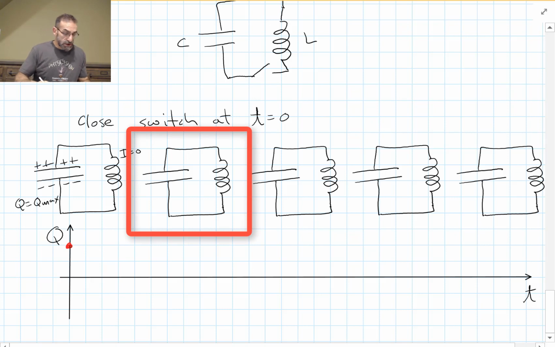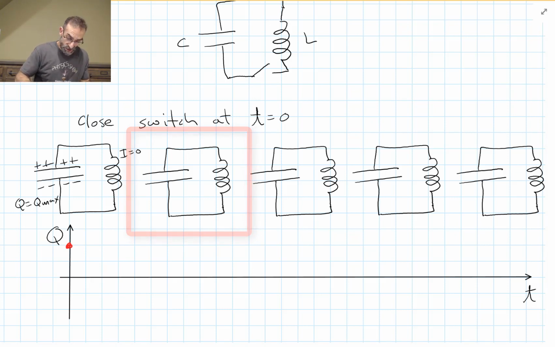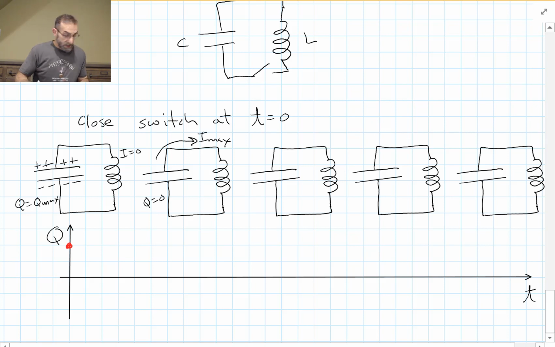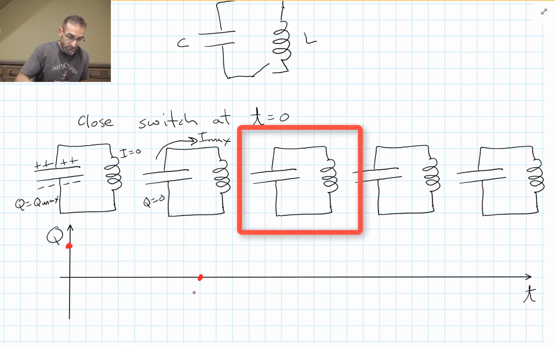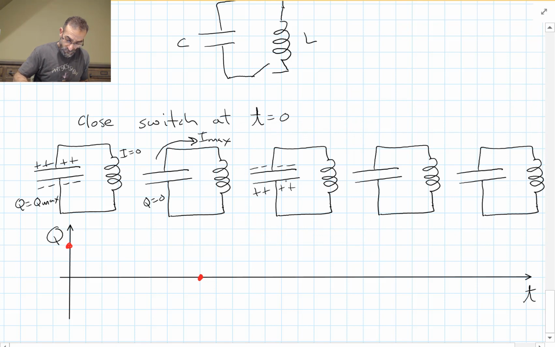Sometime later, the charge on the capacitor has gone to 0. We have our maximum current flowing, and at that time, of course, 0 charge on the capacitor. The current flowing will charge the capacitor up again, but with the plates oppositely charged. So I can plot this condition right there.